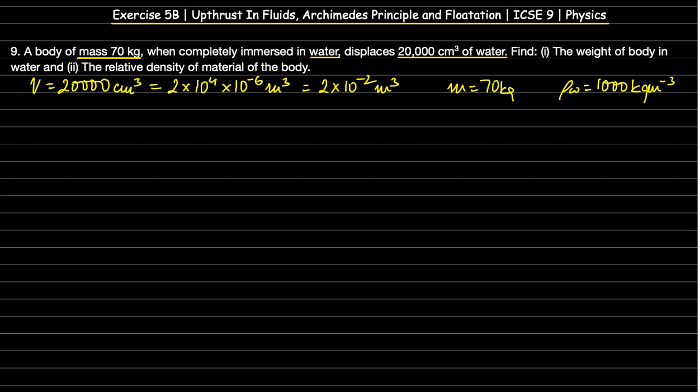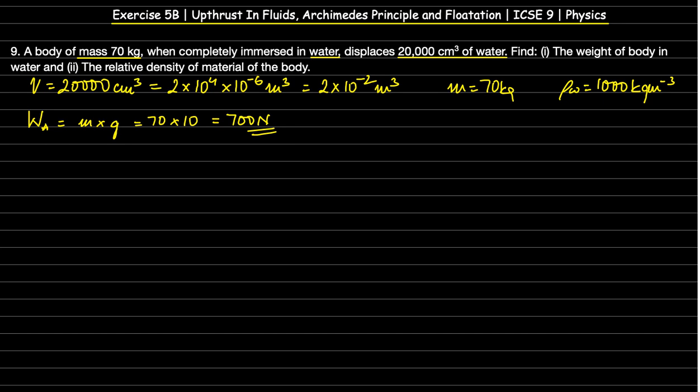So for finding the weight of the body in air, I would write WA is equal to M into G. So M is 70 into acceleration due to gravity, we consider it as 10. So we get this as 700 newtons. So this is our weight in air.